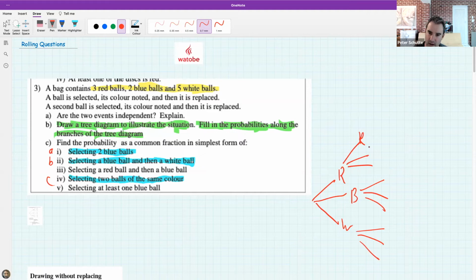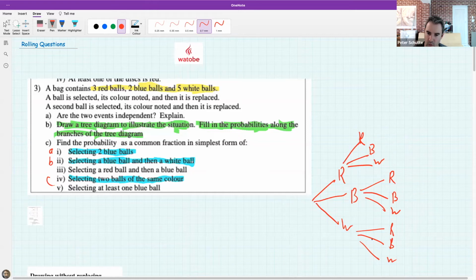So red, blue, white, red, blue, white, red, blue, white. Now the key variable is this. This is going to add up to 10. And so it's going to be 3 out of 10, 2 out of 10, 5 out of 10.